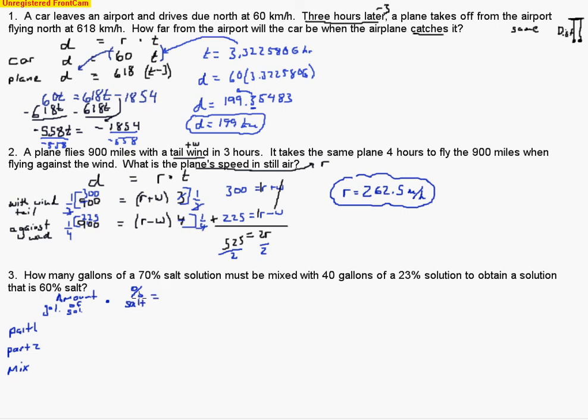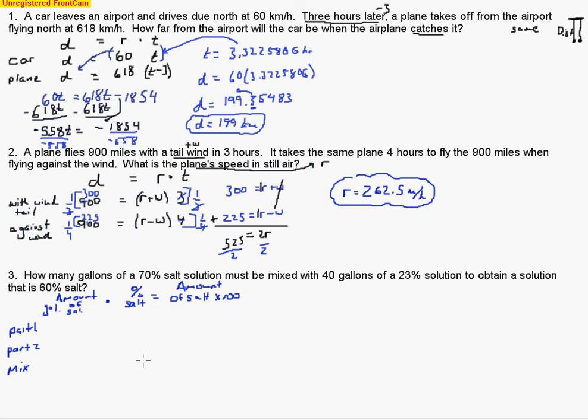So when I go ahead and multiply these, I get an amount of salt, but I've got to specify that this is times by 100. Now our final answer will be the correct answer. We don't have to do anything to it. But it's not really the amount of salt. This is the amount of salt times by 100 because I'm not changing that percent to a decimal. But what we'll end up doing is adding the 2 parts together of the amount of salt and setting that equal to the mix.